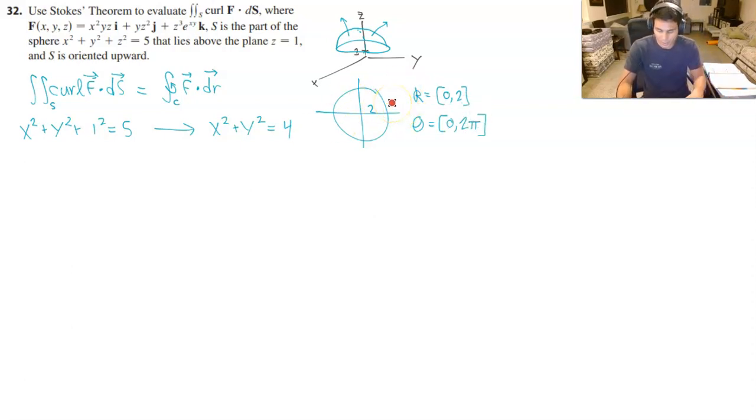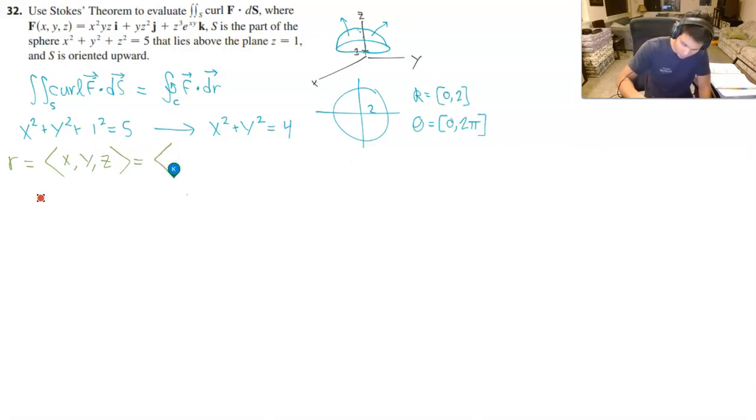Okay, so if we use this, what can we also think about? We need to talk about what dr is going to be. How do we find dr? We need to talk about what r is going to be. And by the way, this is big R for radius, little r will stand for our parameterization vector. So that vector r is equal to what? x, y, and z. Now what is x and y and z equal to?